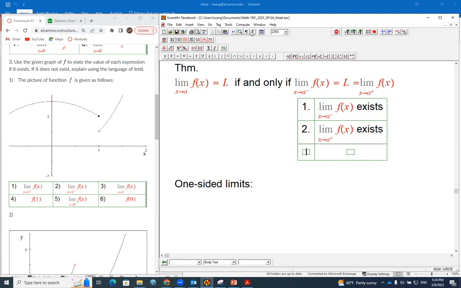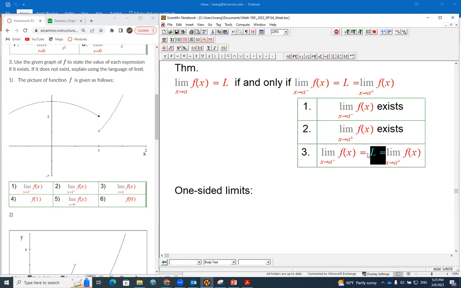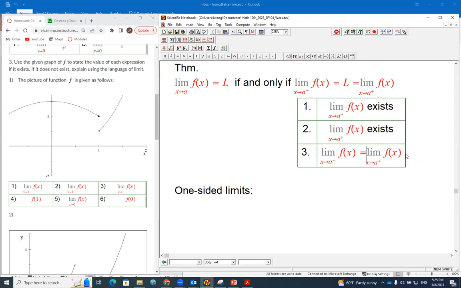And thirdly, they're the same. These two are the same. So this implies three conditions.